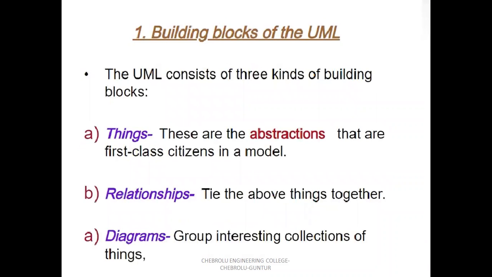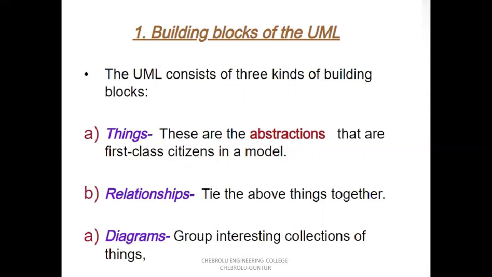The building blocks of UML. There are three building blocks of UML. First one, things. Second one, relationships. Third one, diagrams. Things are the abstractions that are first class citizens in the model. Next, relationships.